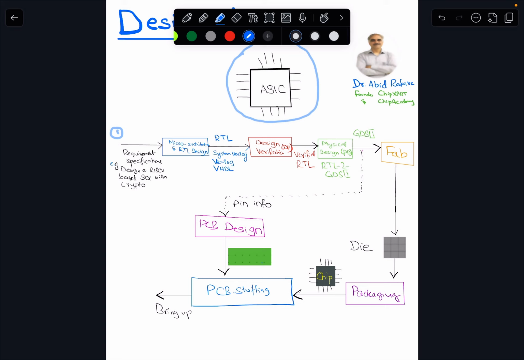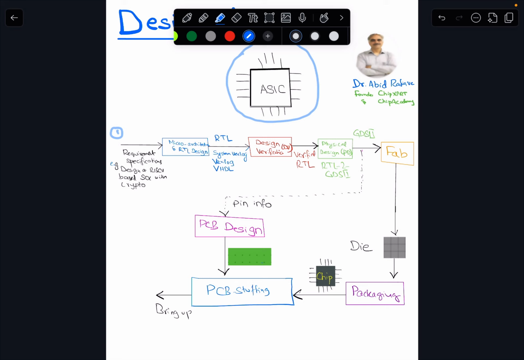This kind of specification is very clearly mentioned, along with the frequency that is required, and what should be the power and area.